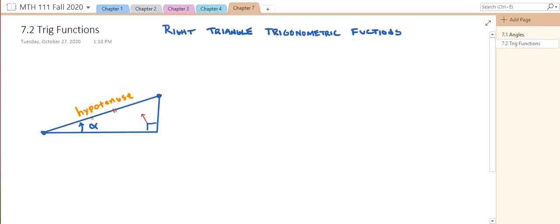And then when we're looking at angles, sometimes we're interested in this angle, sometimes we're interested in this angle, but we'll define the angle that we're interested in as alpha, and let's just say this one. Then the side that is opposite this angle, we simply call the opposite side.